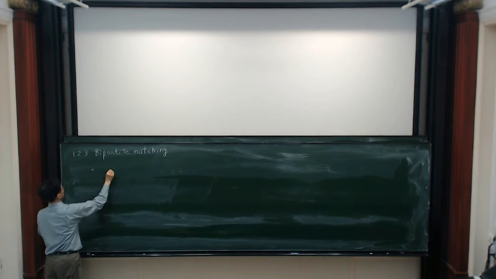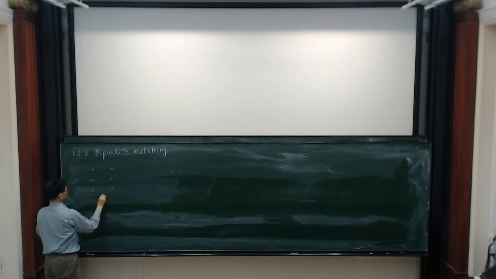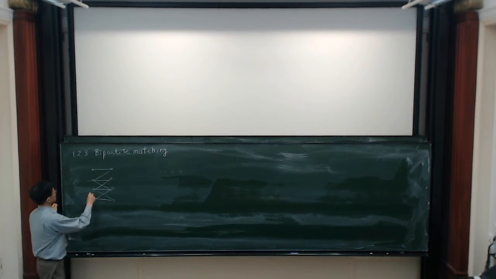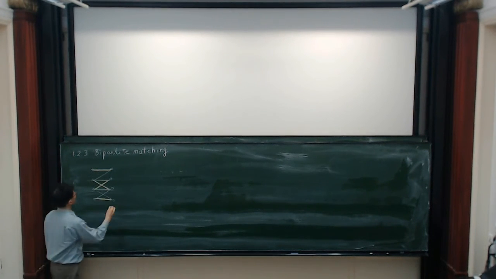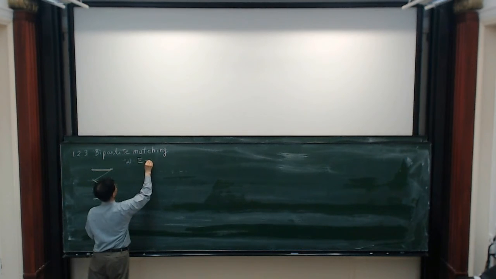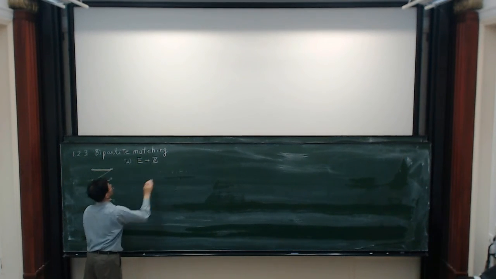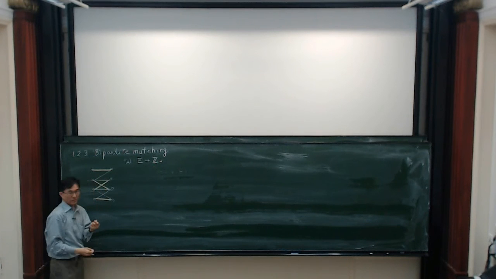So bipartite matching looks like this. We're given a bipartite graph, and you want to find a matching. Let's assume that we are concerned with perfect matching, like this. And now assume that we are given a weight on edges, maybe non-negative integers.